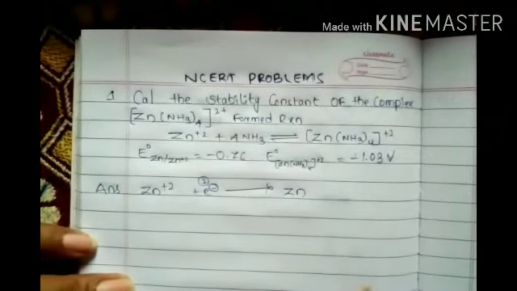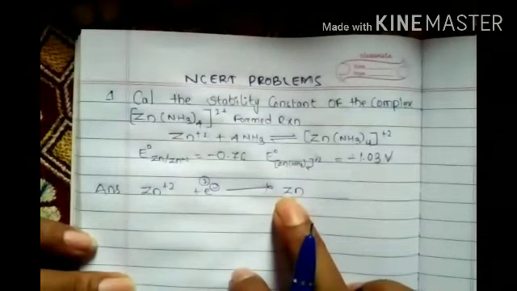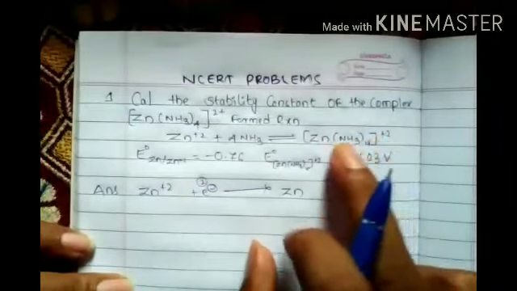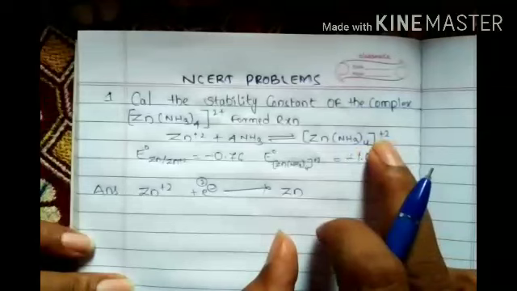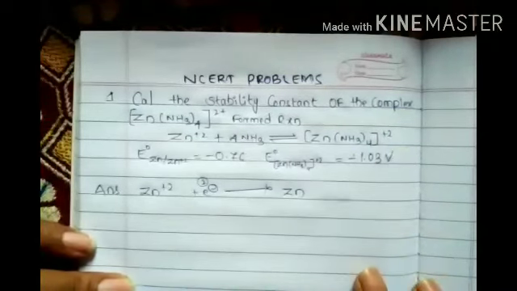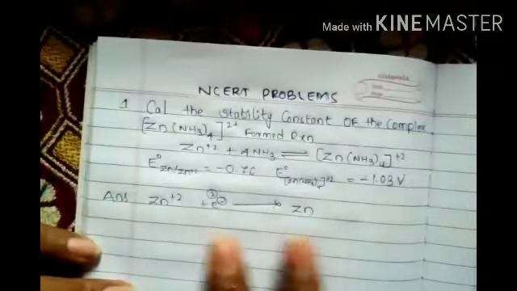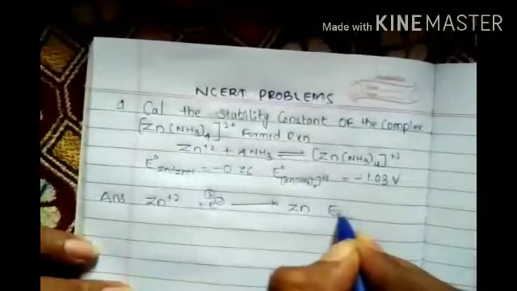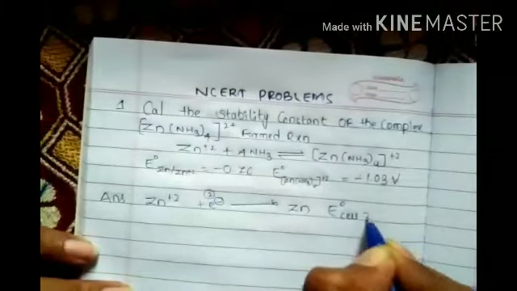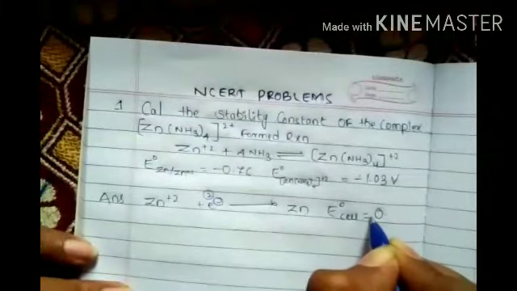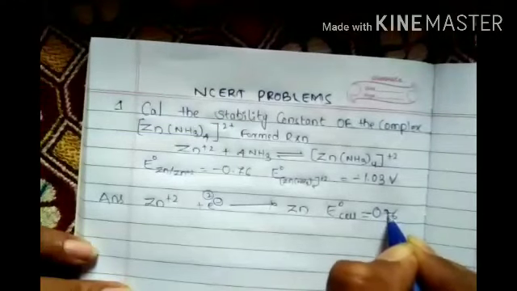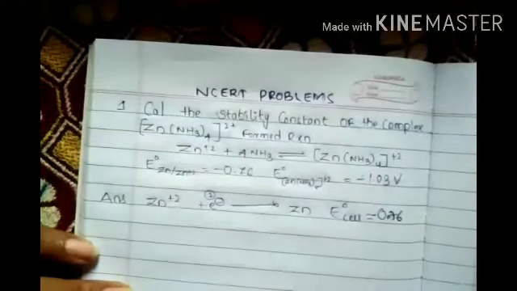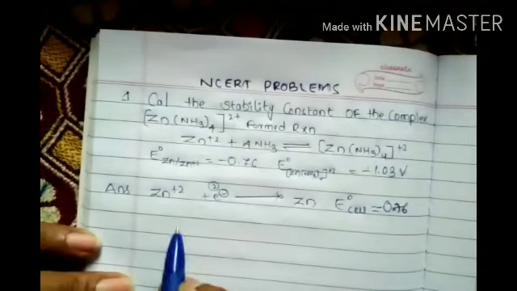Okay. See, why am I taking zinc here? Because this compound has a plus 2 symbol, and zinc is neutral. That E naught cell they have given is minus 0.76.